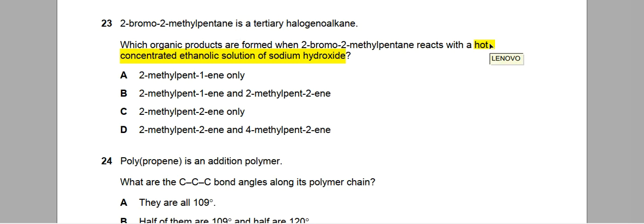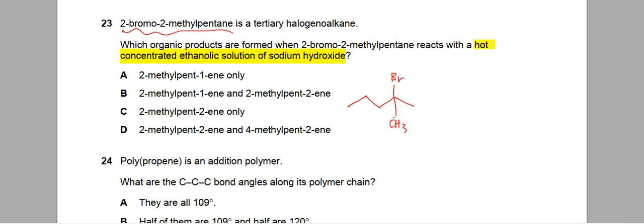First we draw out the structure of this molecule. It's pentane, so 5 carbons, 1, 2, 3, 4, 5, and then the bromine and the methyl at the second position.